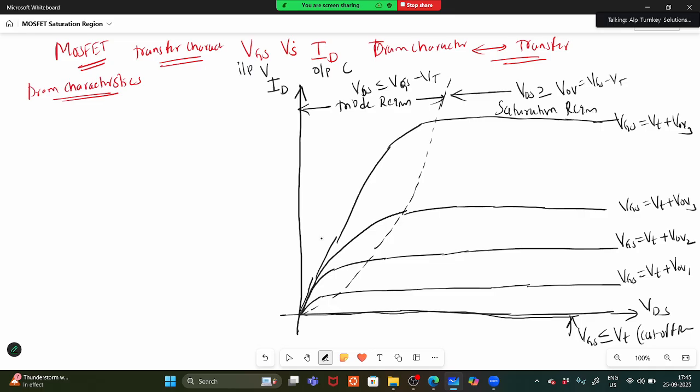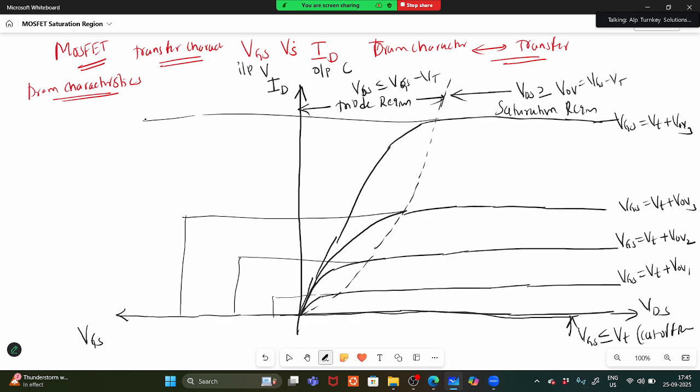So if you combine these locus points, here I am considering VGS. Here I am combining, and here, and here.